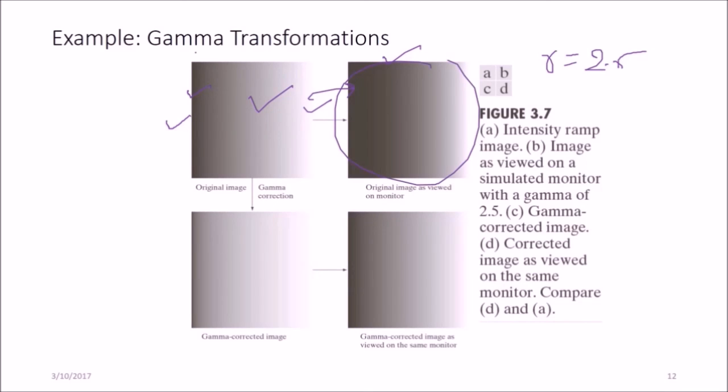You might have heard about gamma correction, right? Now this is the gamma corrected image of this. The original image is gamma corrected, and this image is the corrected image as viewed on the monitor. You just compare this D with A, and you will find that these two are similar.